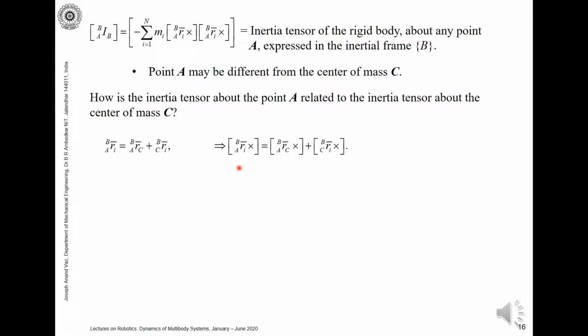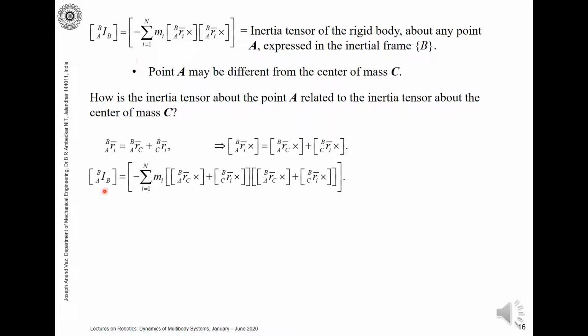We can derive the cross matrices from the respective position vectors on the left hand side here, and they are given like this, and we substitute this in this expression for the inertia tensor about the point A. We get the inertia tensor of the body about the point A expressed in the frame B as equal to this expression here.